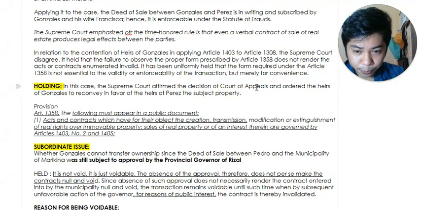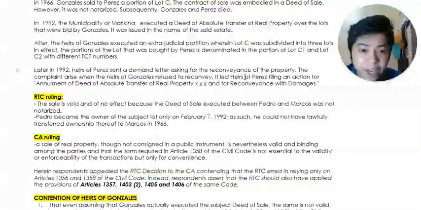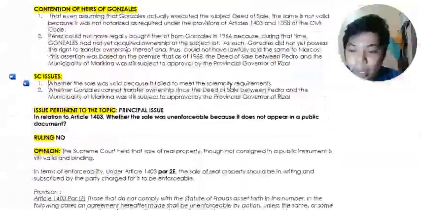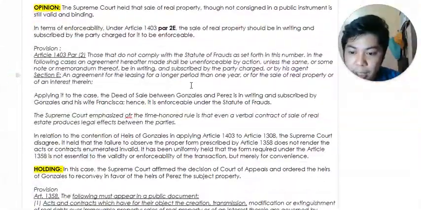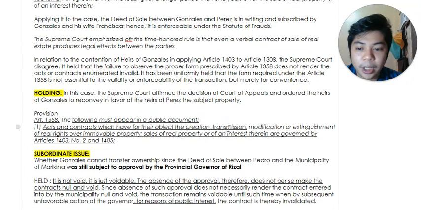So the heirs of Perez won now, right? Because it was the heirs of Perez who filed an action for reconveyance. So they ordered the heirs of Gonzales to reconvey the subject property in favor of the heirs of Perez.